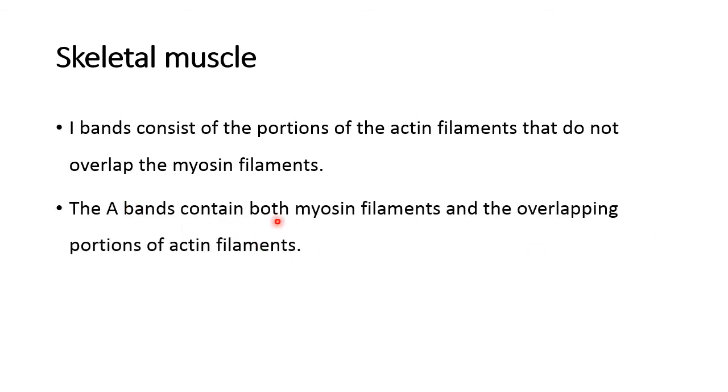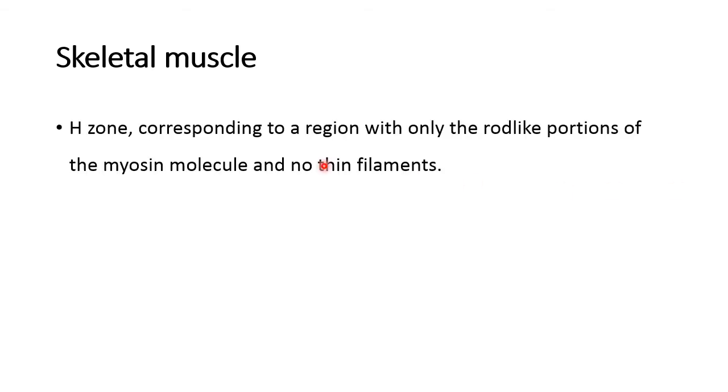The A band contains both myosin filaments only and the overlapping portions of actin filaments. The H zone corresponds to a region with only the rod-like portions of myosin molecule and no thin filaments.